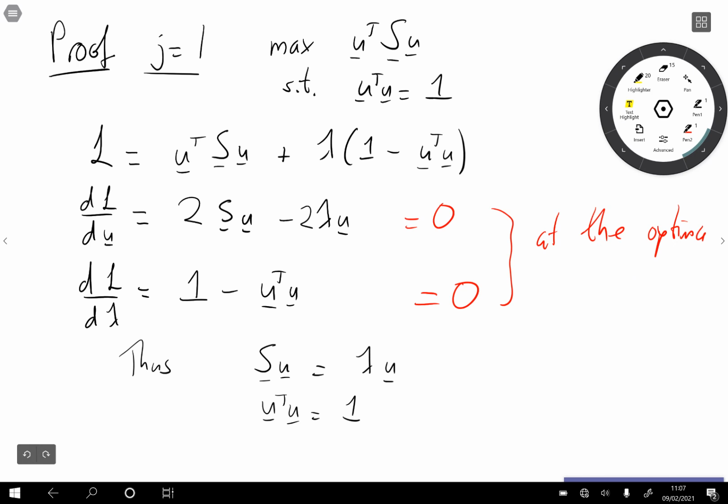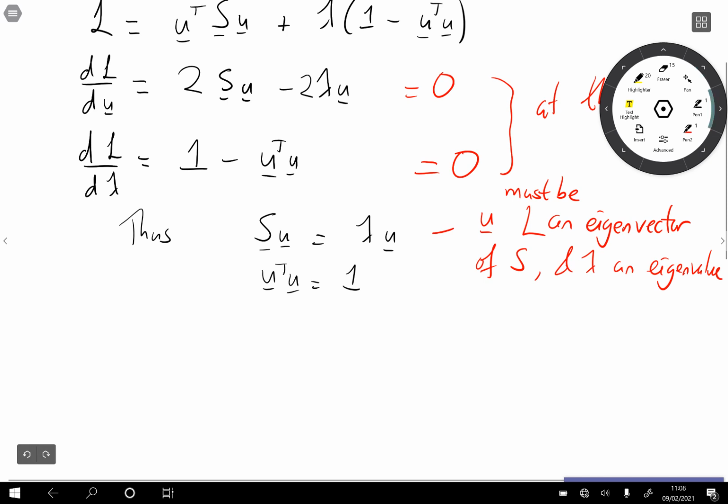Well, what's this first equation, S u equals lambda u? Well, that's just saying u must be an eigenvector of S and lambda an eigenvalue.